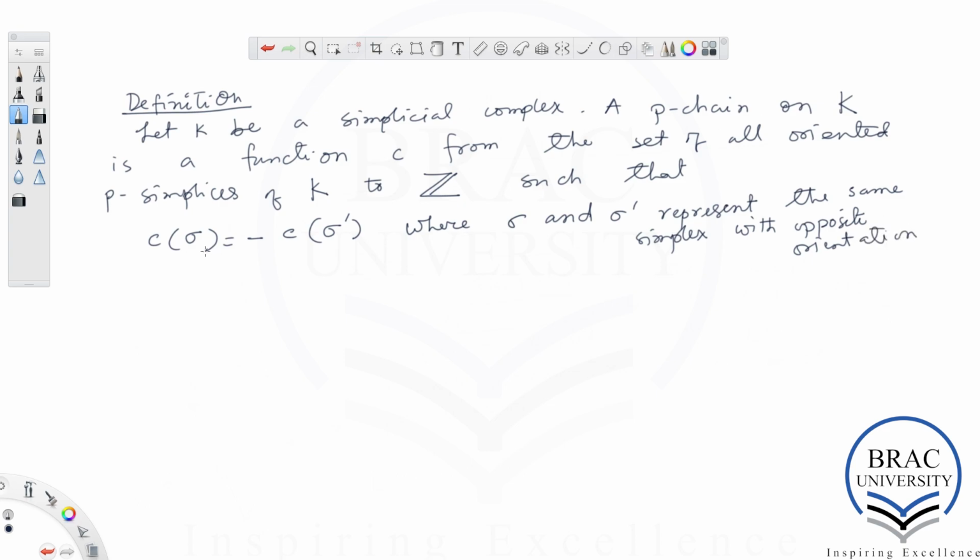So first of all, C of sigma has to be the negative of C of sigma prime. 2.